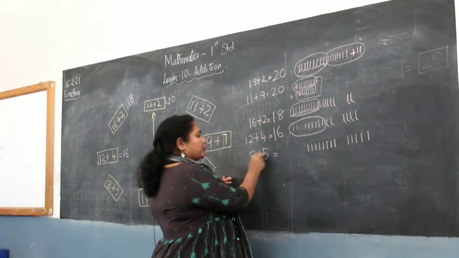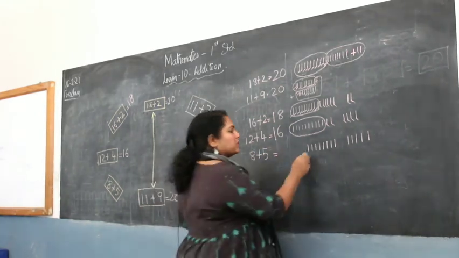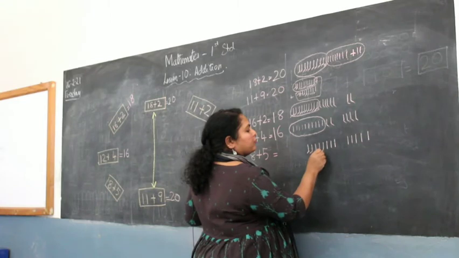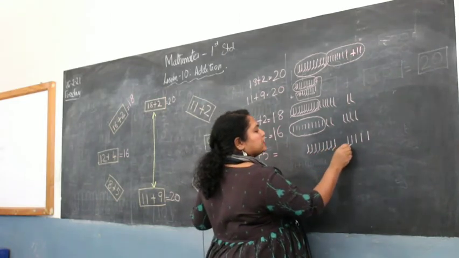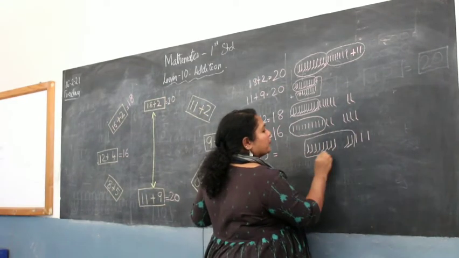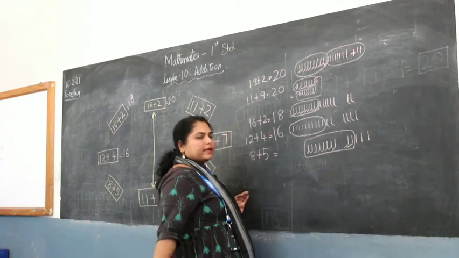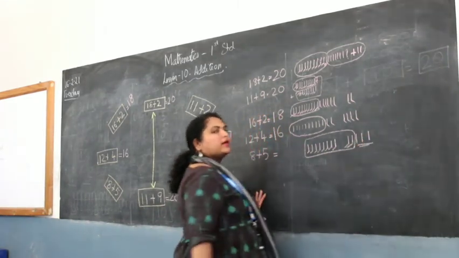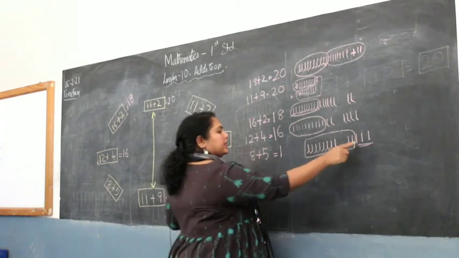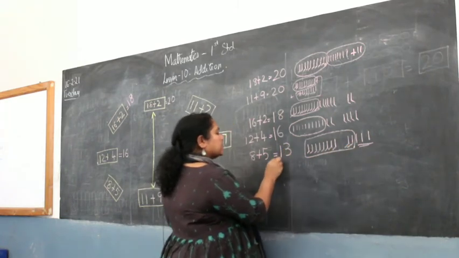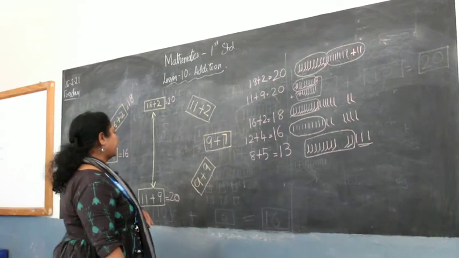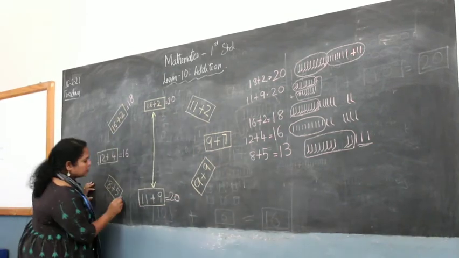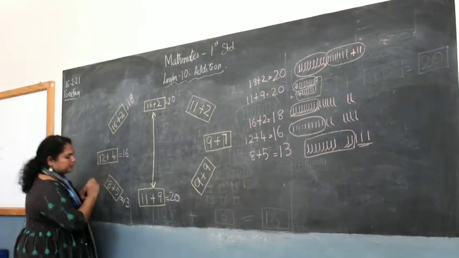Let's take one group of 10 first. 1, 2, 3, 4, 5, 6, 7, 8, 9, 10. So your group forms over here. This is one 10 and how many more sticks are left? 1, 2, 3 units. So one 10 and 3 units gives you 13. So 8 plus 5 is equal to 13.